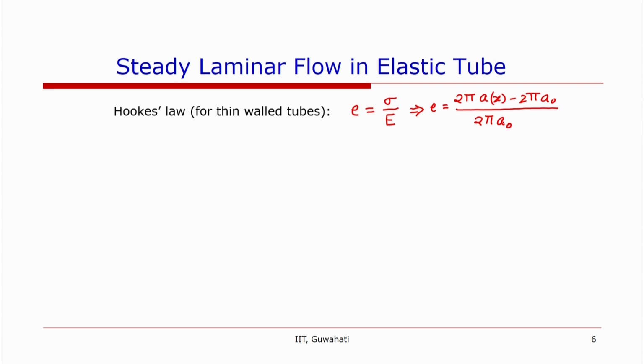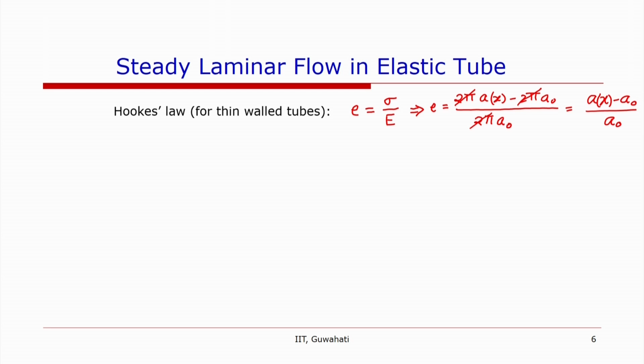Here A naught is the tube radius at the inlet or initially, and after deformation the tube radius is Ax. If we cancel out 2 pi, then e will be Ax minus A naught over A naught.